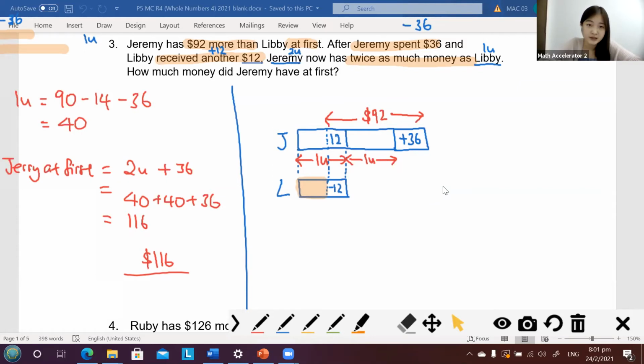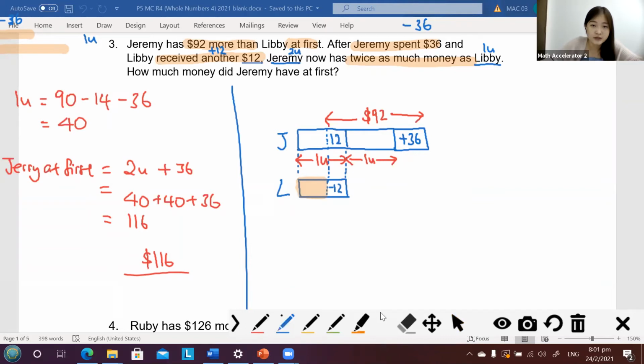If you want to select your answer, quickly select it. Let's check. The majority of you chose $44 as 1 unit.